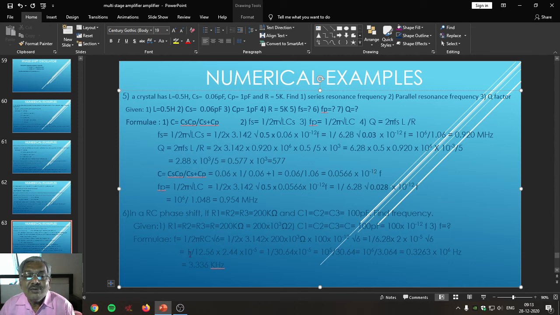So that is 1 upon 12.56 into 2.4 into 10 raised to minus 5. Take 10 raised to minus 5 to the numerator, it comes to 10 raised to 5 into 30.64. That is 10 raised to 6 upon 3.064. That comes to be 0.3263 into 10 raised to 6 hertz. So that is 3.263. Sorry.